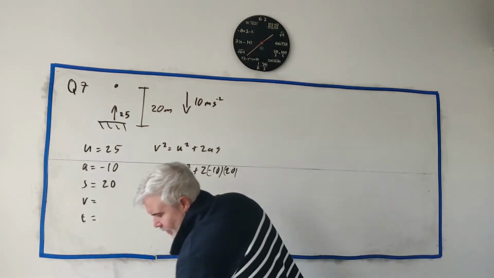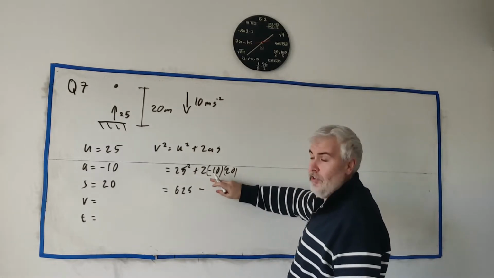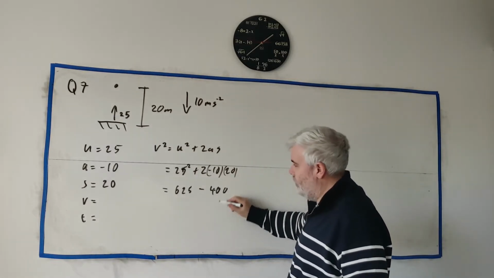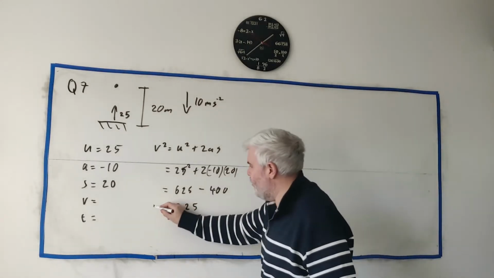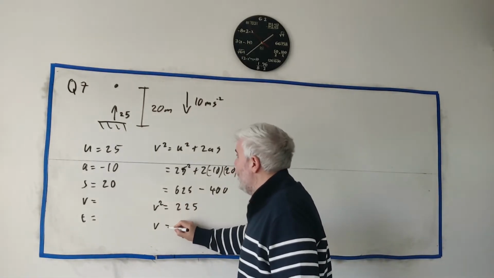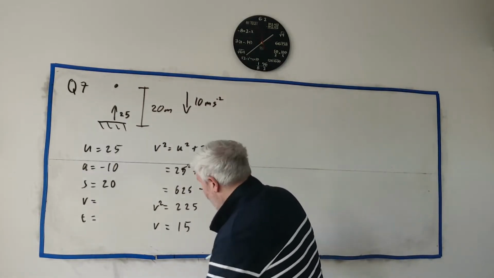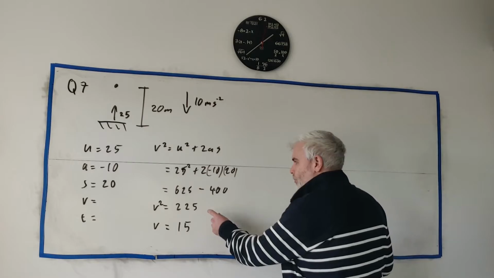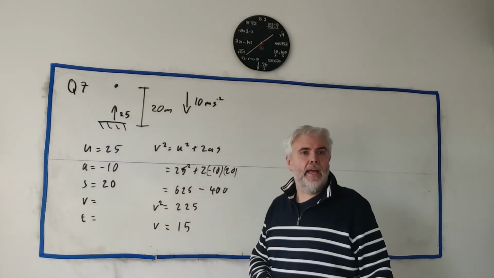We get 625 minus, you can do that in your head, 20 times 20 is 400. So overall we get 225. So v squared is that, so v is the square root of that, which is 15, and it's plus or minus 15 because of that.